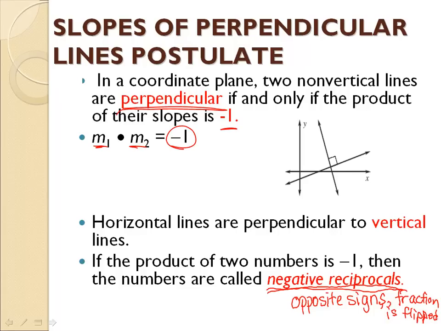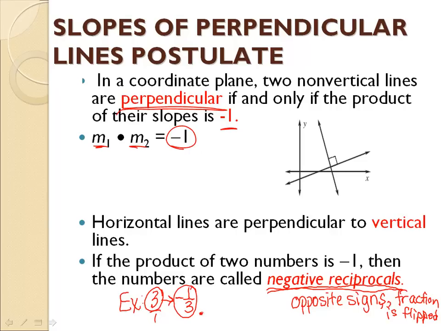So an example of this, if I had one slope that was, let's say, 3, my negative reciprocal would have the opposite sign, so it would be negative. And I could put this 3 over 1, so if I flip that, I'd get 1 over 3. So 3 and -1/3 are negative reciprocals.